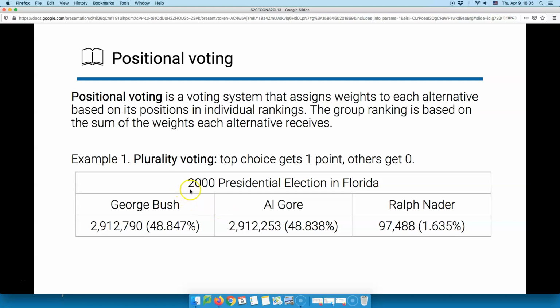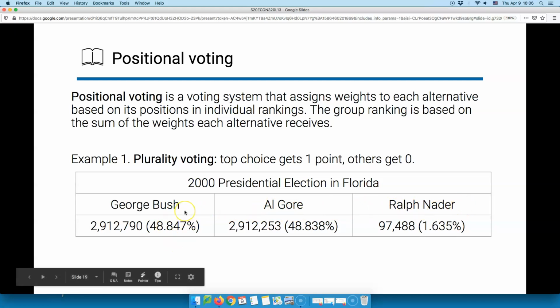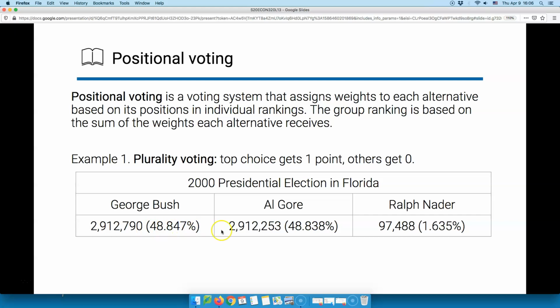So here's an example from the 2000 presidential election in Florida. There were several candidates, more than 3. I'm only listing the first 3: George Bush, Al Gore, and Ralph Nader. And you can see that Bush won the election in Florida with a margin of less than 1,000 votes and less than 0.1% of all the votes.